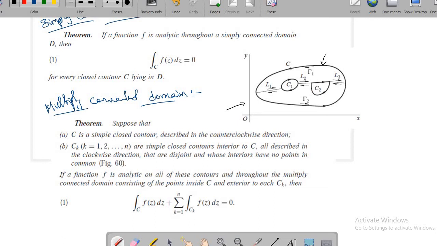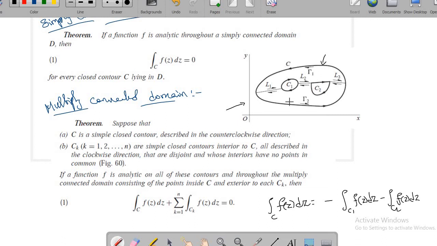With that assumption, what we can say is that the integral along C of f(z) dz is equal to minus the integral along C1 of f(z) dz, minus the integral along C2 of f(z) dz, and so on. If you have n curves inside, then you write all n curves.